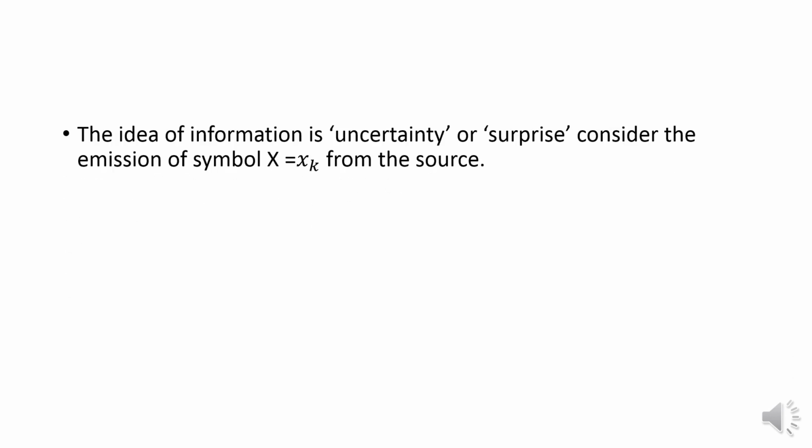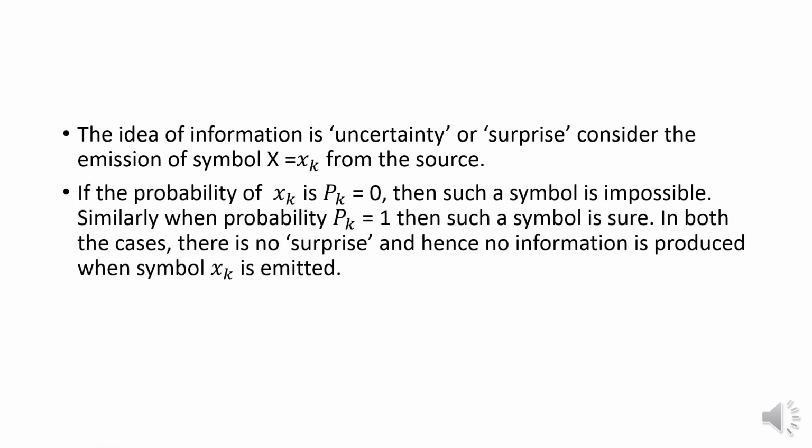But the idea of information is uncertainty or surprise. Consider the emission of the symbol X equal to xk from the source. If the probability pk is equal to 0, the symbol is impossible. Similarly, when the probability pk is equal to 1, the symbol is sure.